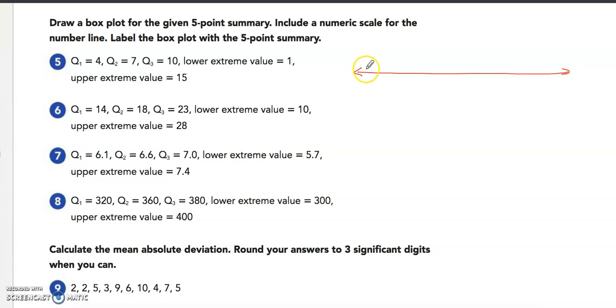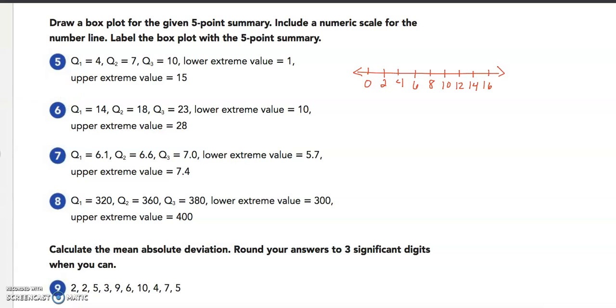So let's do 0, 2, 4, 6, 8, 10, 12, 14, and 16. So I just went up by 2s.